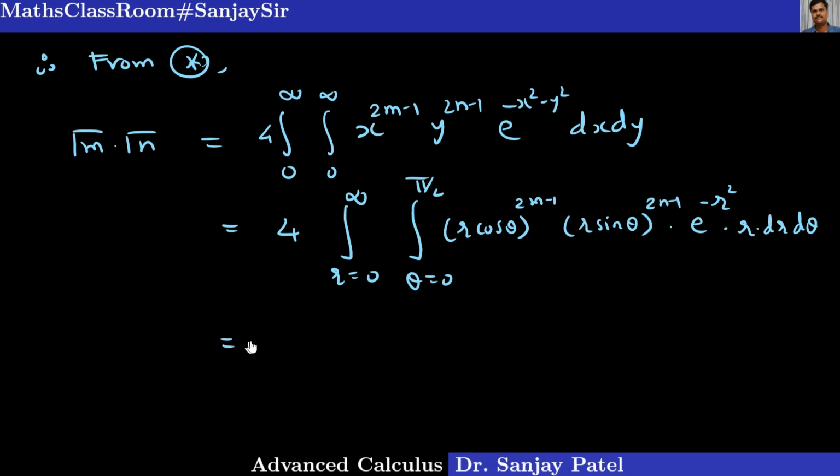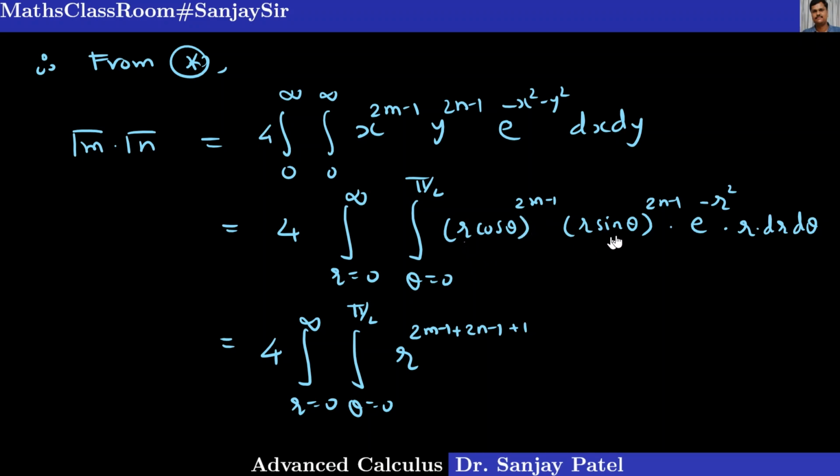So this is nothing but 4 times integral 0 to infinity, integral theta is equal to 0 to pi by 2, and simplifying this, r raised to 2m minus 1 plus 2n minus 1 and plus 1. There are 3 places where you can see r here, r raised to 2m minus 1, here r raised to 2n minus 1, and this is one more r.